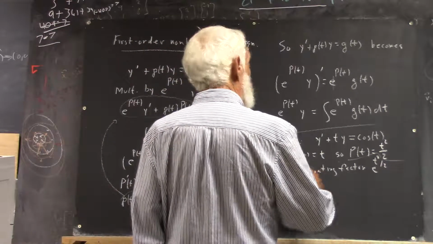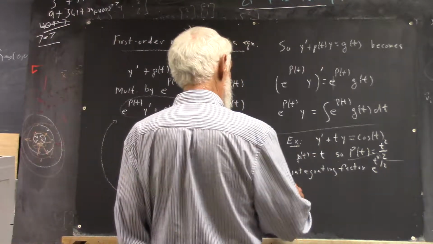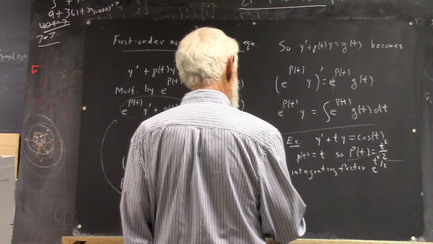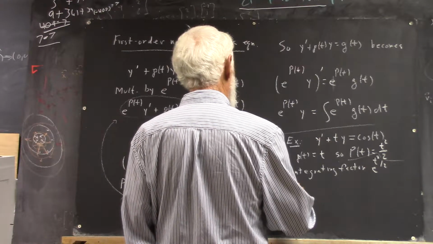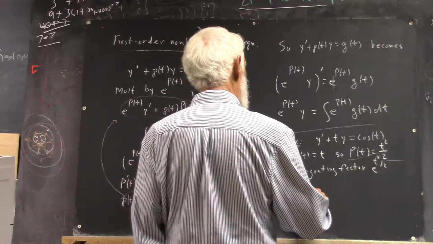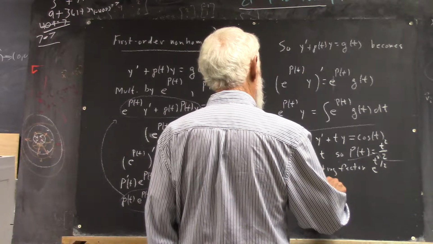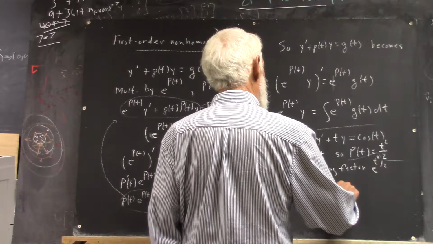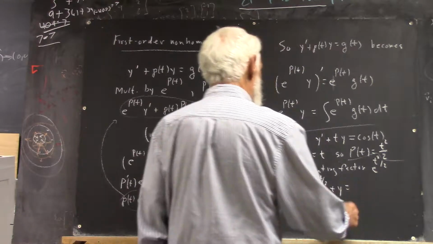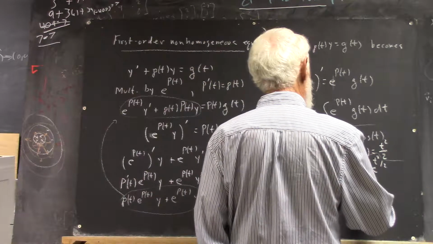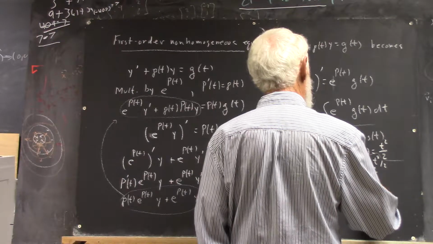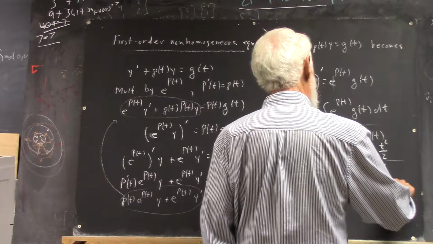So, we multiply by the integrating factor. So we get e to the t squared over 2 y prime plus e to the t squared over 2 times t y equals e to the t squared over 2 times the cosine of t.